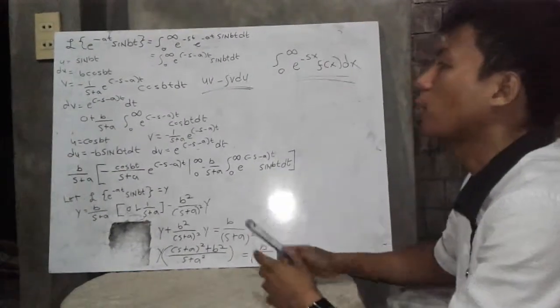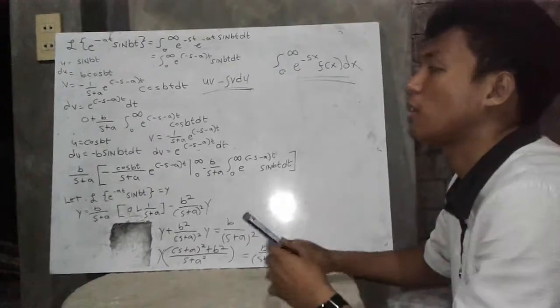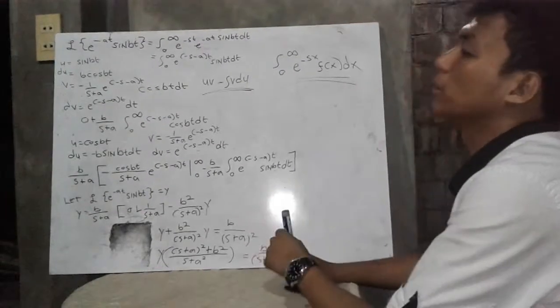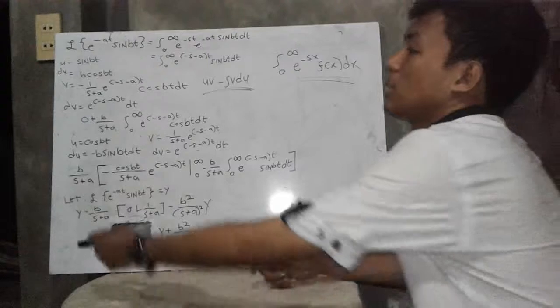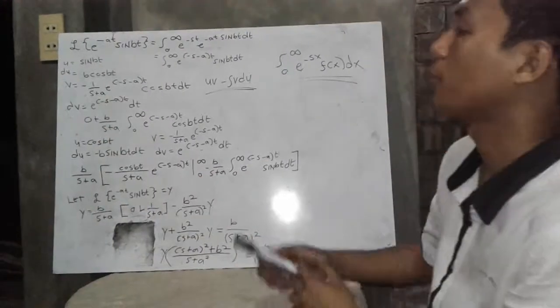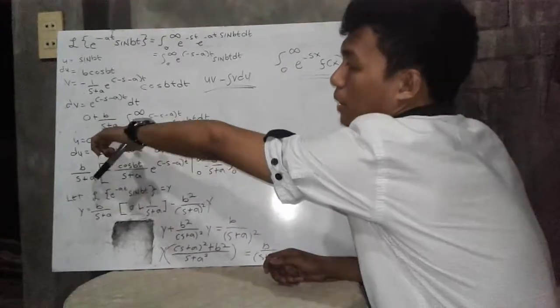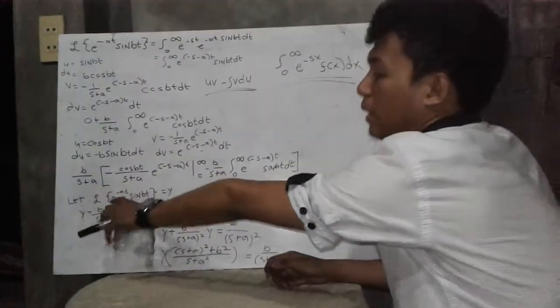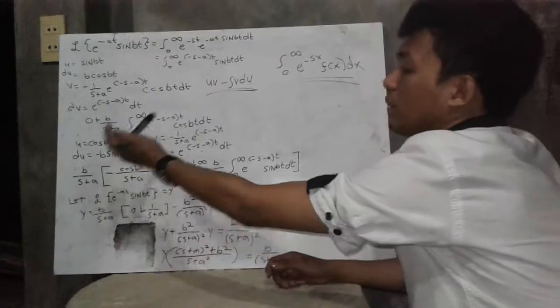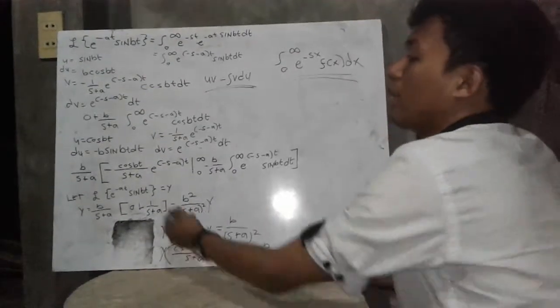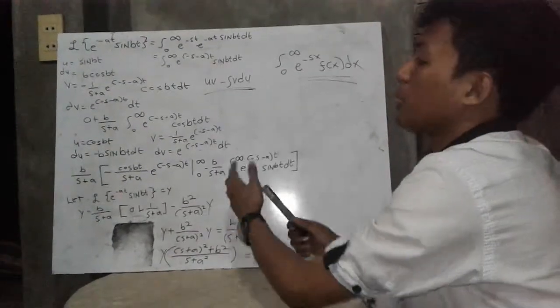So again, perform uv minus integration of v du. Since this is 0, from the first integration by parts, the thing that we've left here is b over s plus a. Then we're going to distribute b over s plus a in the second integration by parts.